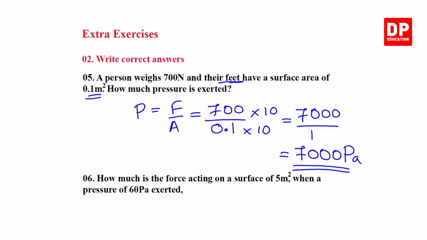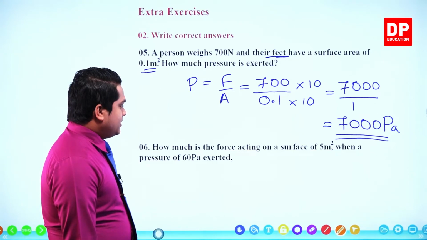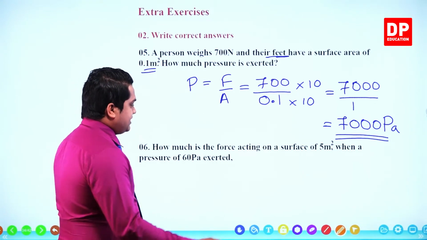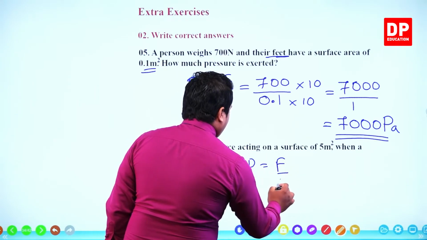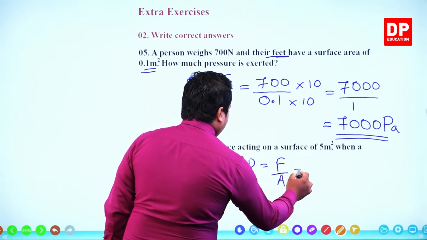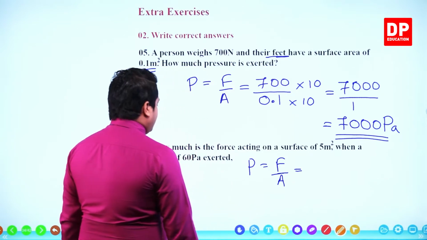Next one. How much is the force acting on a surface of 5 m squared when a pressure of 60 pascal is exerted? Okay, once again the same formula. P is equal to force upon area, right?